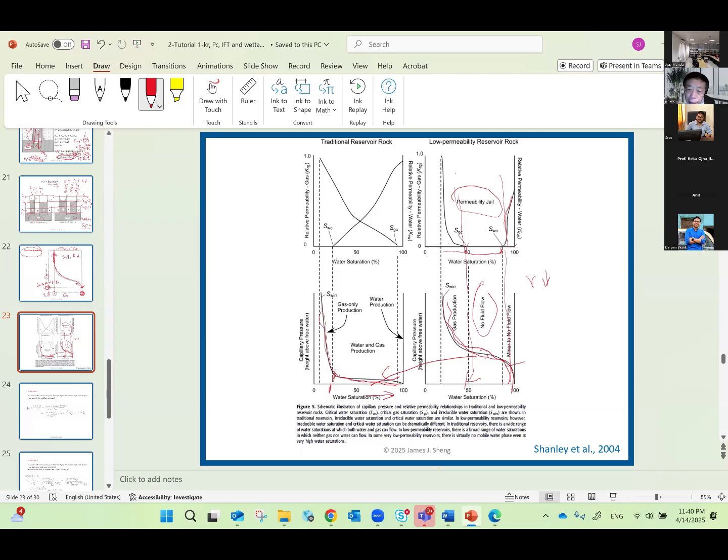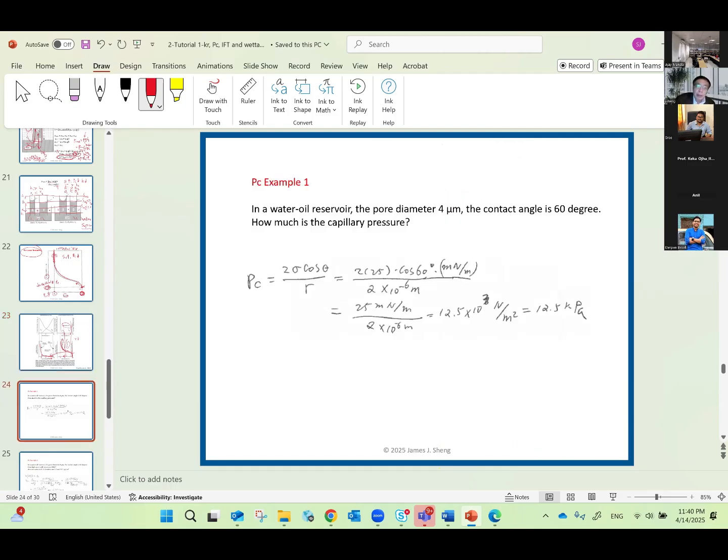Then if the water saturation starts to decrease into this region, gas saturation increases and now we start to produce the gas. So in other words, for a shale reservoir, what I want to emphasize is that the capillary pressure is higher than the capillary pressure in a conventional reservoir. Right? That's what I want to emphasize.